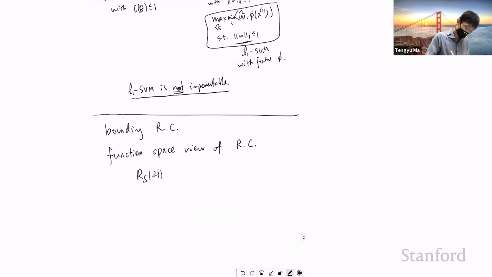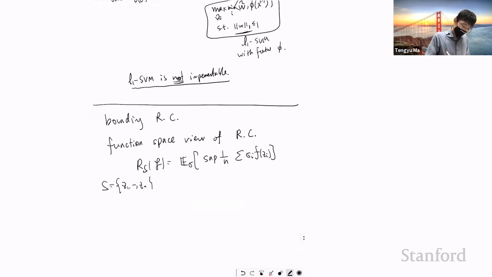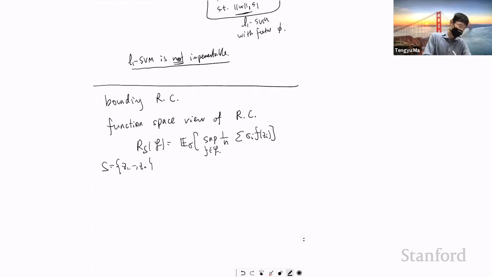If you have a function class F, this is the empirical Rademacher complexity, where the data set is z1 up to zn. Let's define the following set Q. This is a set of vectors, and the vectors are the outputs of f on these n points.